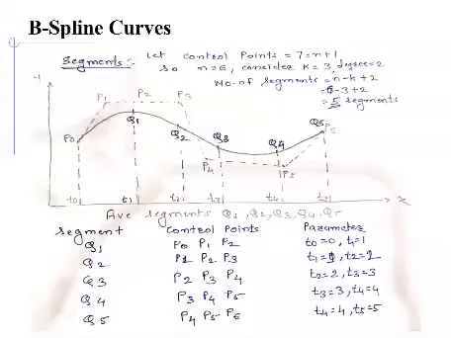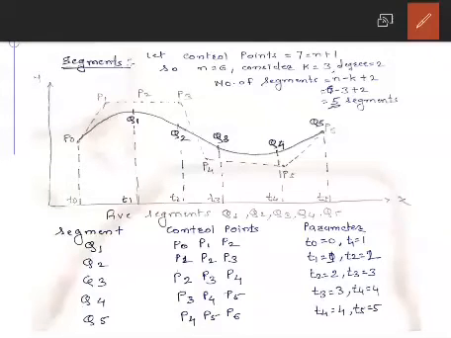So here we consider that there are 7 control points, P0, P1, P2, P3, P4, P5 and P6, so n is equal to 6. Consider k is equal to 3, so the polynomial degree is 2. Now how many segments? n minus k plus 2, so 5 segments are there.